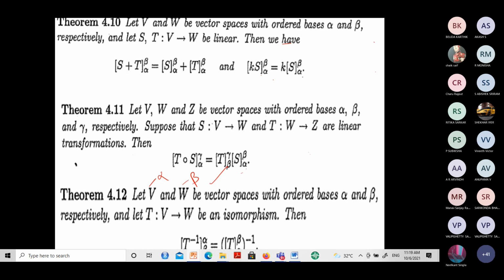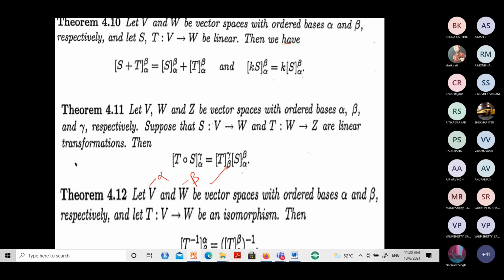So whenever there exists an isomorphism between two vector spaces, what can you say about the dimension of both the vector spaces? See, there is an isomorphism between V and W. T is an isomorphism. 1, 1 onto property is there. So what can you say about the dimensions of V and W? The dimensions are same.